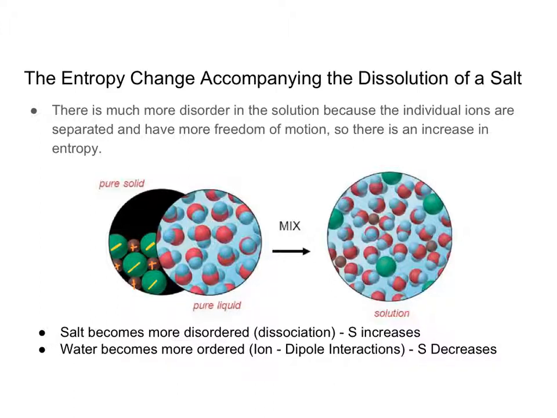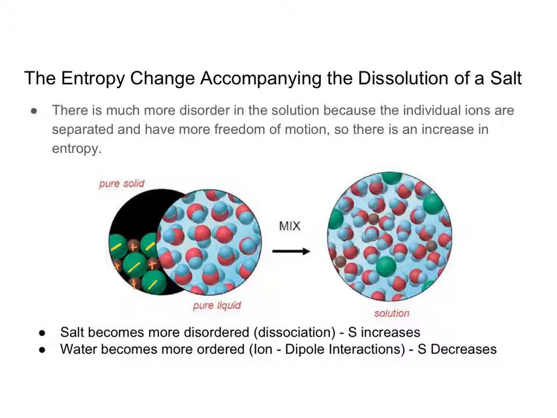But what ends up happening here, and this is really important to understand, is that the salt itself, our pure solid, becomes more disordered because it dissociated, so entropy increased. Whereas the water actually became more ordered because it orientated itself around the positive and the negative ions that were present. Does that make sense?